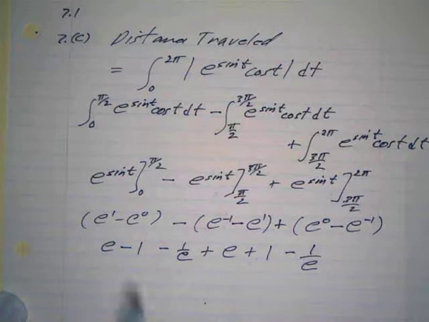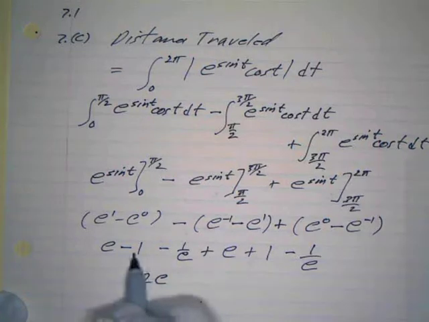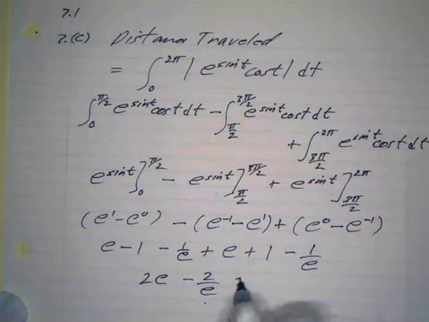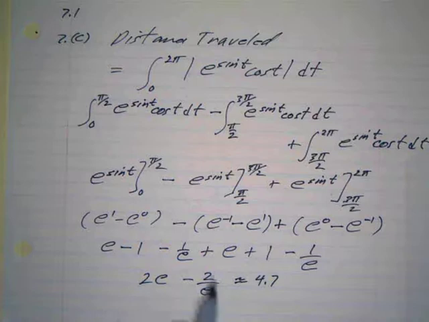So we simplify these, it looks like I've got 2e, and the negative 1 and positive 1 cancel, and I've got negative 2 over e. And if you work that out on your calculator, you get approximately 4.7. But this answer would be acceptable if it was a non-calculator problem.